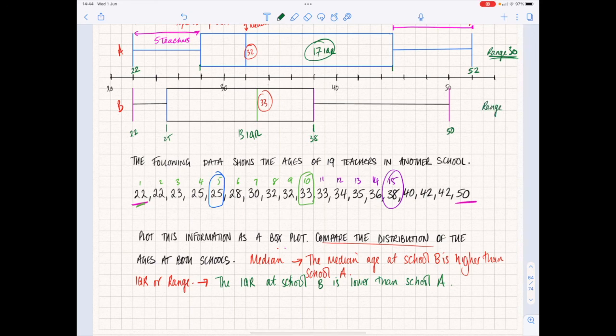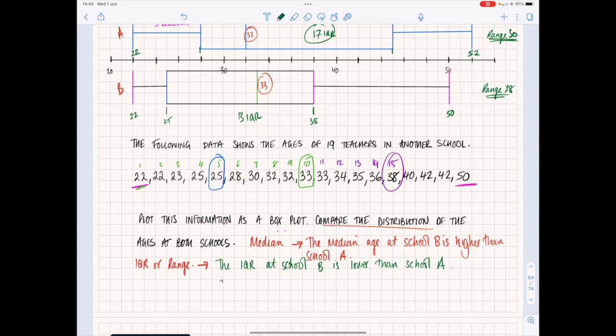So although the data is still close together, we can say that school B has a lower range at 28 compared to school A, which is higher at 30.